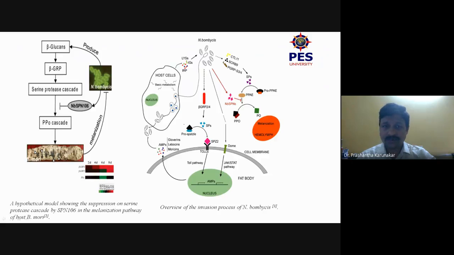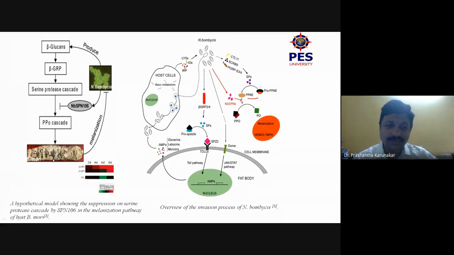So there is a whole pathway here. In the typical melanization process, prophenoloxidase gets converted into phenoloxidase using prophenoloxidase activating enzymes. This is the enzyme which activates the conversion, and then the melanization process happens. It is typically the same as our own melanization process.